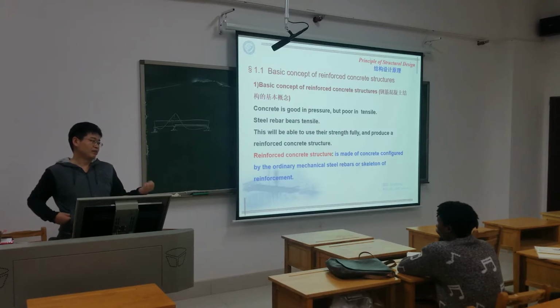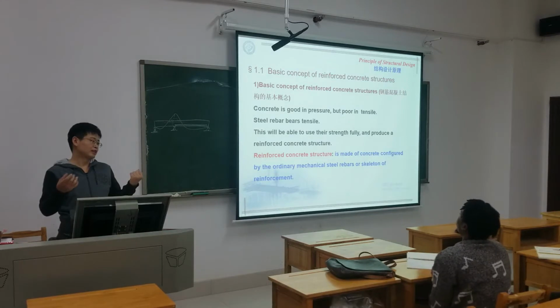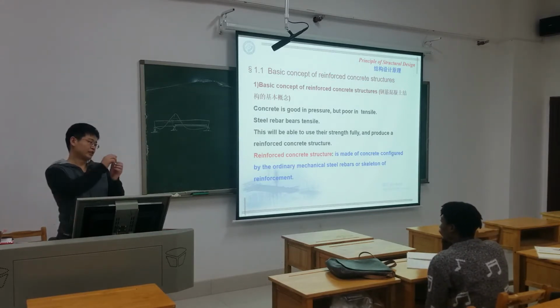Concrete and bamboo, or plastics, have quite different temperature coefficients. Once the temperature changes, too high or too low, there will be relative expansion, so they cannot move together and cannot bond well.